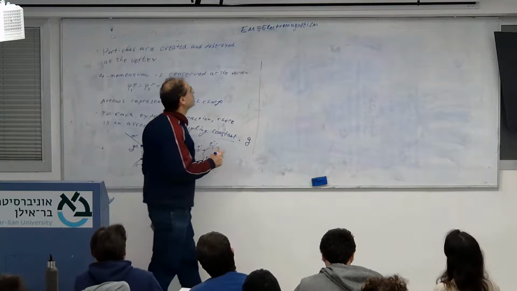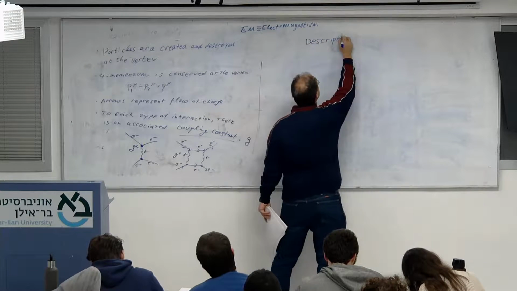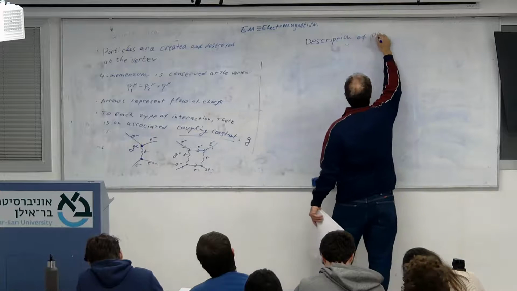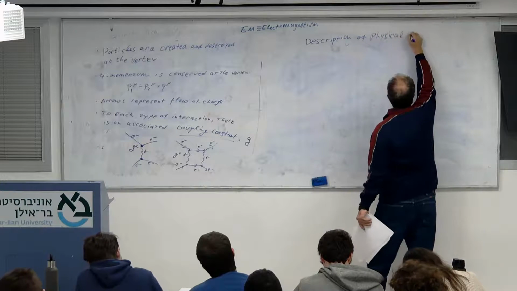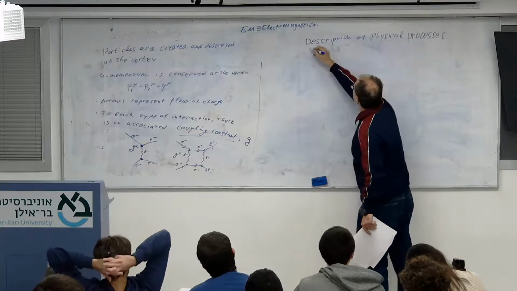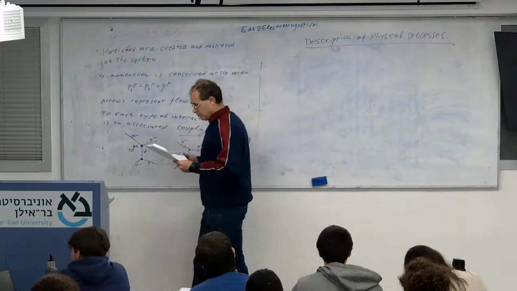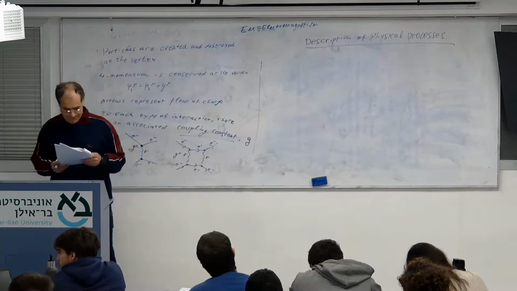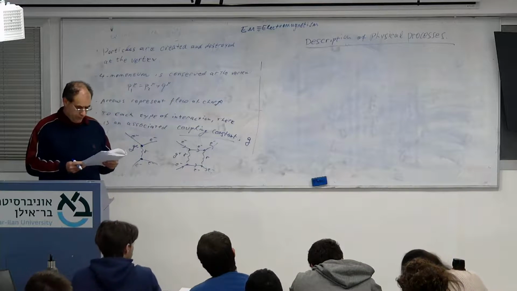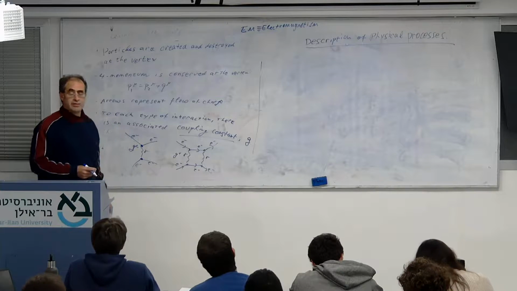Description of physical processes. So essentially, a Feynman diagram is just a collection of vertices.